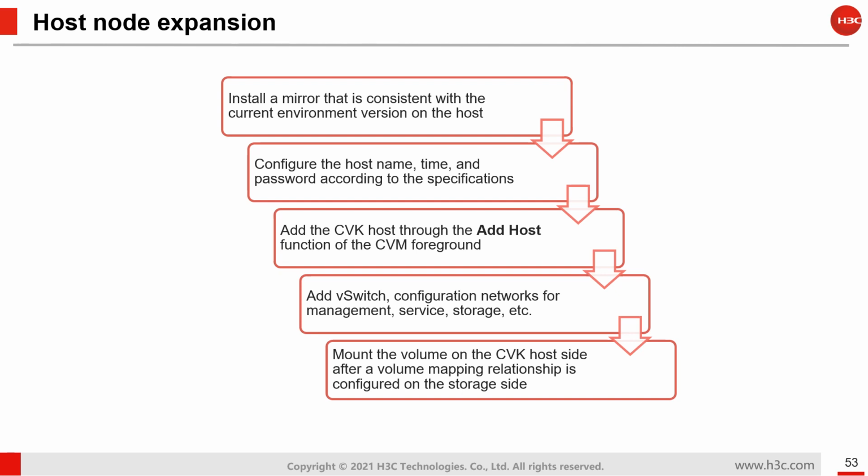Add vSwitch configuration network for management, servers, storage, and so on. 5. Mount the volume on the CVK host side after a volume mapping relationship is configured on the storage side. Here are the 5 steps of host node expansion.